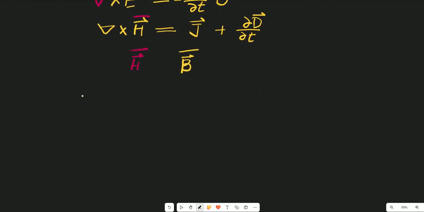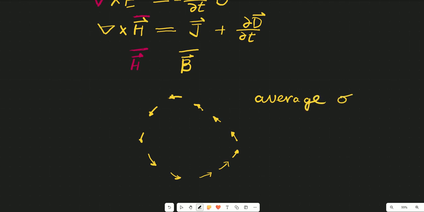If we use a Hall effect device to measure the magnetic field, and we measure along a circle like this, this is called the average on a loop.